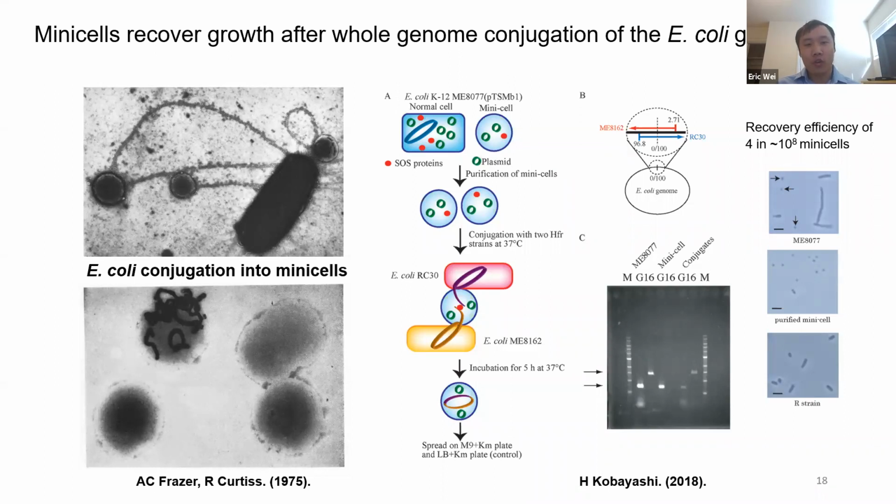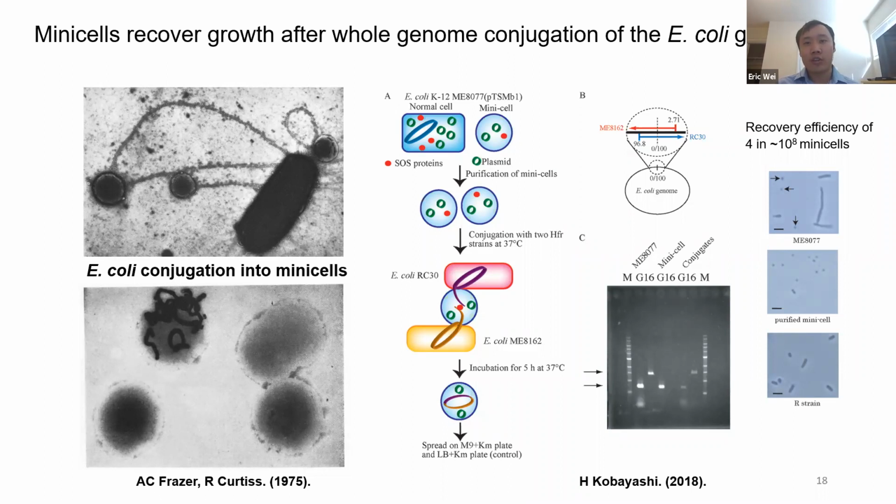But a lab in Japan reported in 2018 that if you're able to have 2 separate E. coli strains that conjugate half of the E. coli genome each, and have that recombine in the minicell, they were able to get transformants that were able to grow from the amalgamation of these half genomes into a full genome.